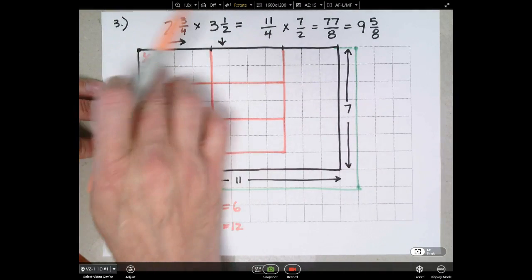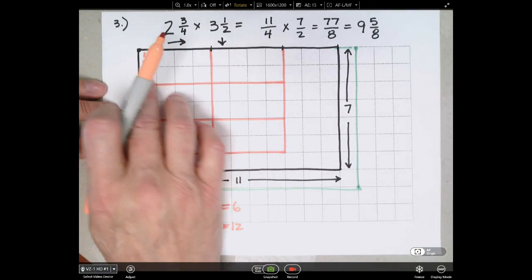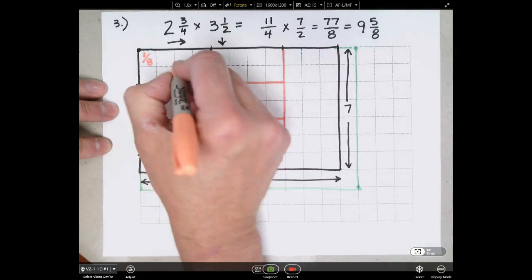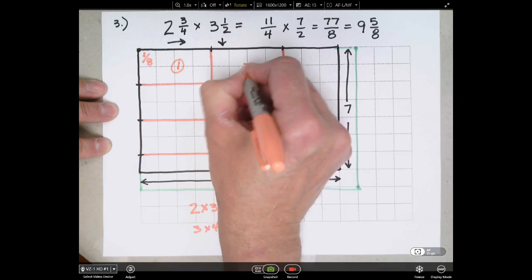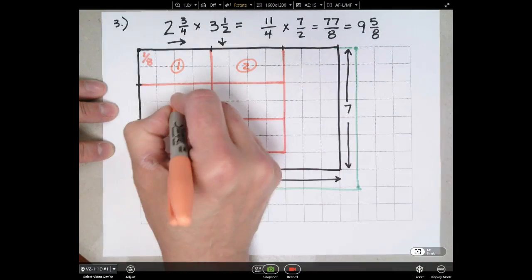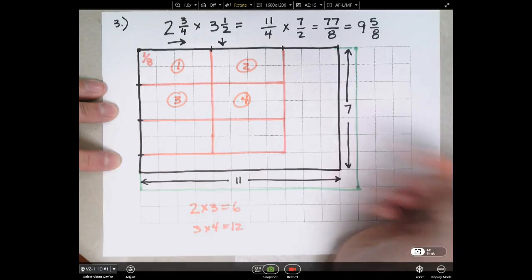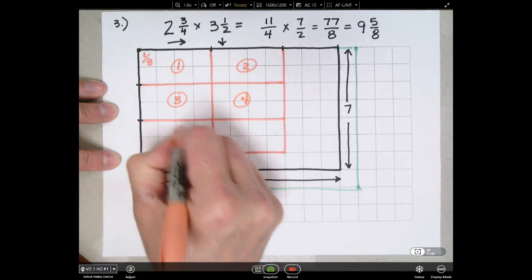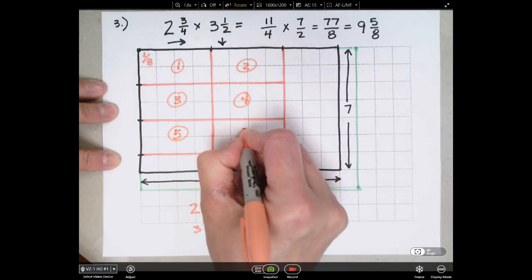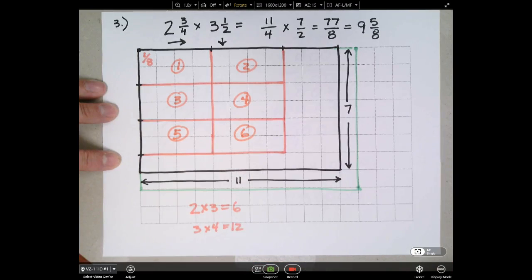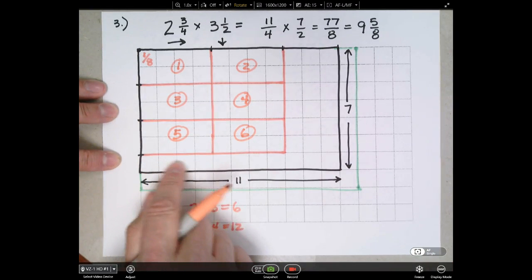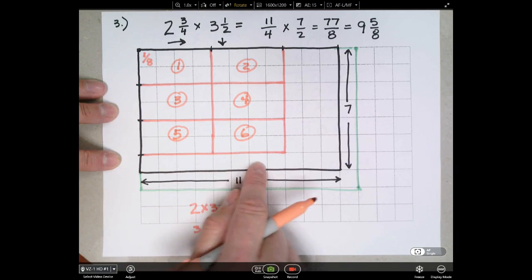Okay? And so let's begin by looking at that as well in a whole number sense. Okay? Because we said each of these boxes is 1/8. So here we have 1 set of 8, 2 sets of 8, 3 sets of 8, 4 sets of 8, 5 sets of 8, 6 sets of 8, 1, 2, 3, 4, 5, 6, 7, 8.